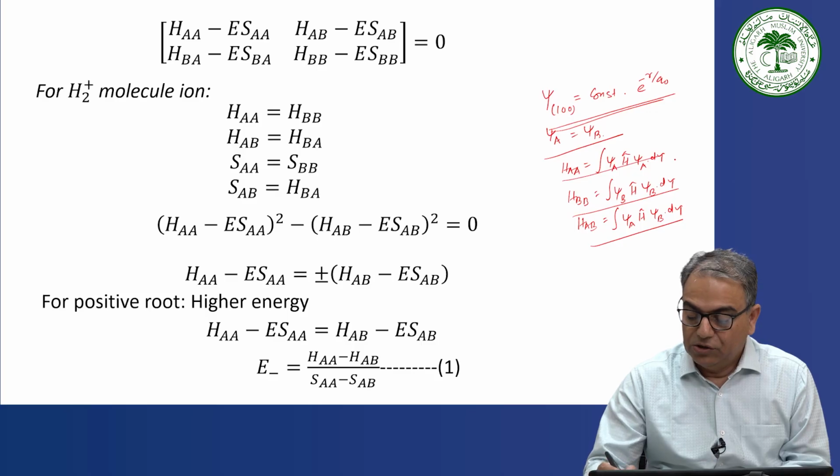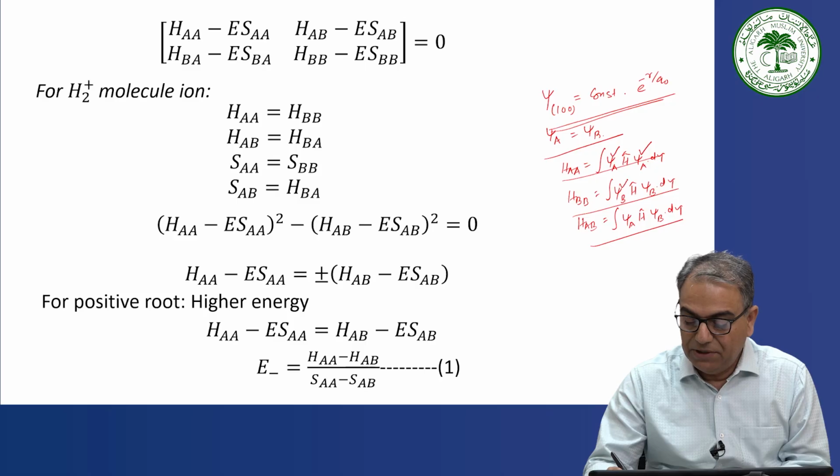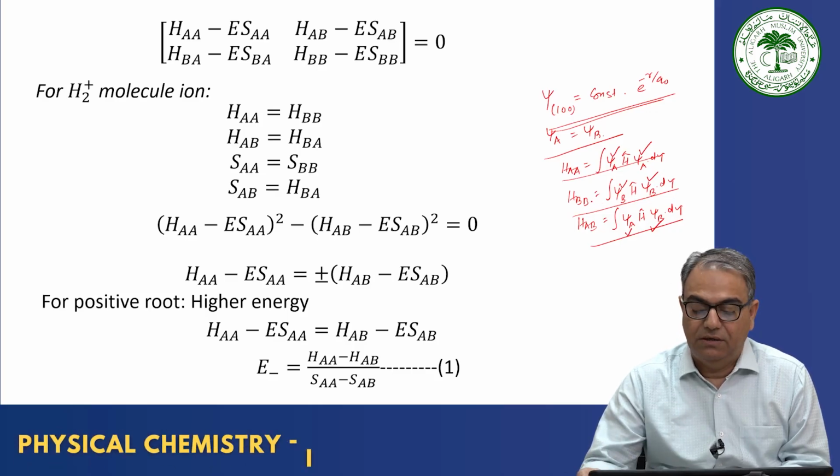So what you see here, this psi A and this psi A is the hydrogen atom. This psi B is the hydrogen atom. This psi A and this psi B is the hydrogen atom. What does it mean? HAA and HBB are equal because both psi A and psi B are the same. Both psi A and psi B belong to the hydrogen atom.